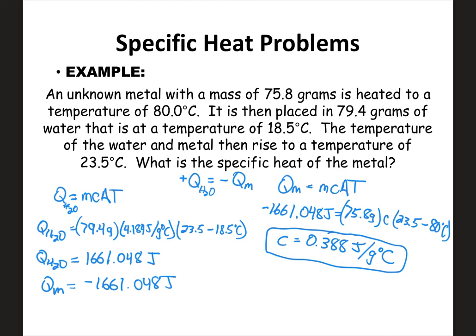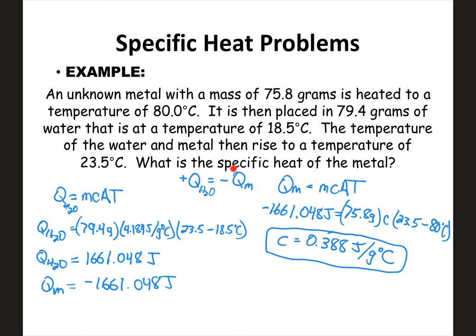If all you're doing is talking about one substance in your problem, then it's just a simple Q equals MC delta T. So you can set this up as two kind of separate problems as long as you're not solving for the final temperature. Because the final temperature is the same on both sides, if you were solving for the final temperature, you would have to set this up as one massive equation and solve for your variable, because you wouldn't know it on both sides, you would have too many variables.